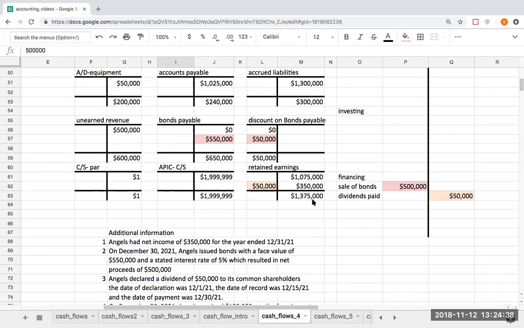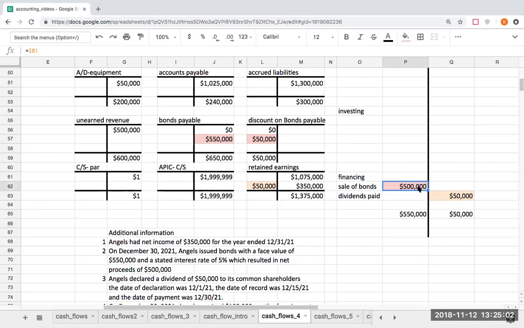Okay, and again, to go back to this bond part one more time, and I apologize for this, I just want to make sure I'm clear. If I'm doing the opposite to cash or debiting bonds payable for $550,000, and then I'm crediting the discount on bonds payable for $50,000, what I'm left with is a net amount of $500,000.